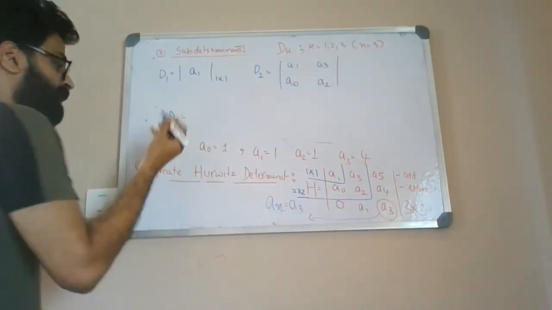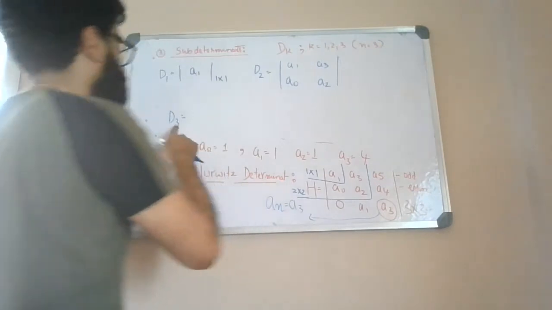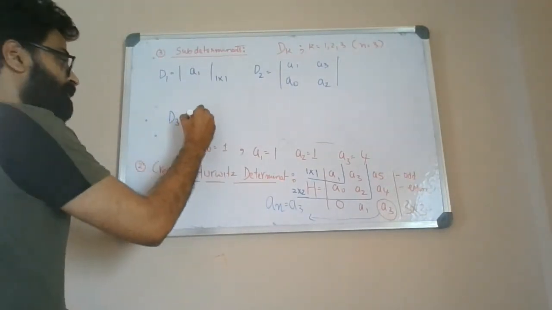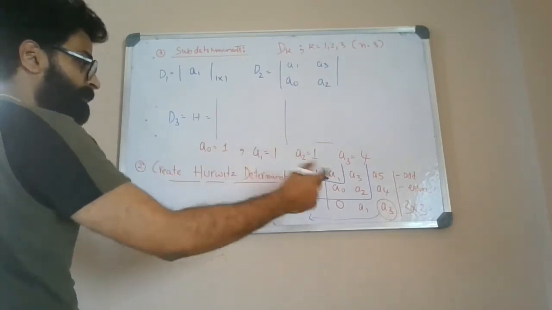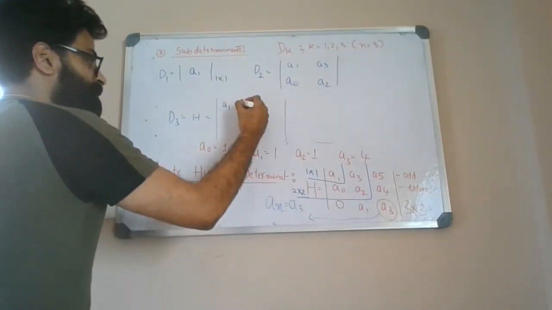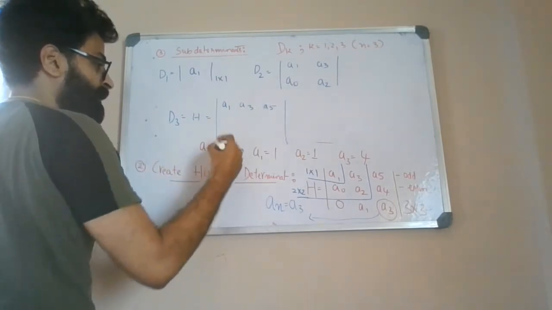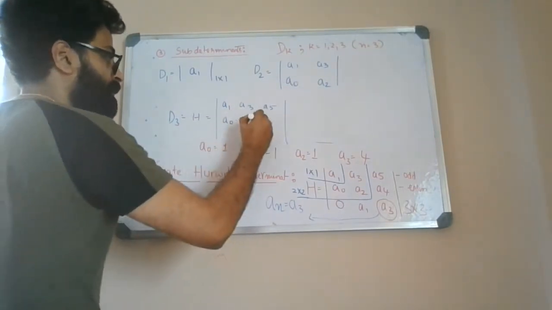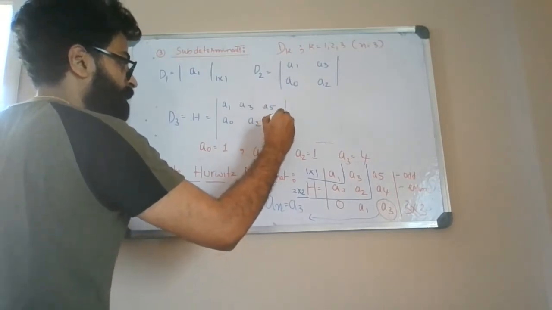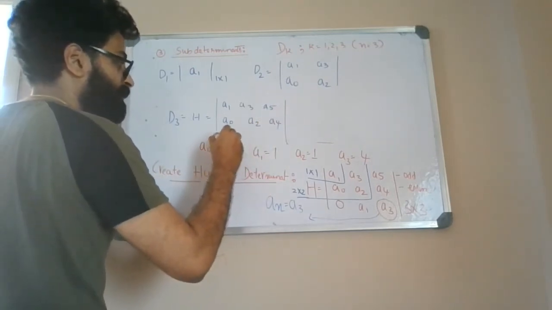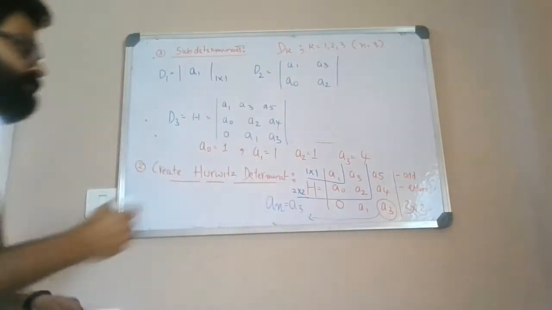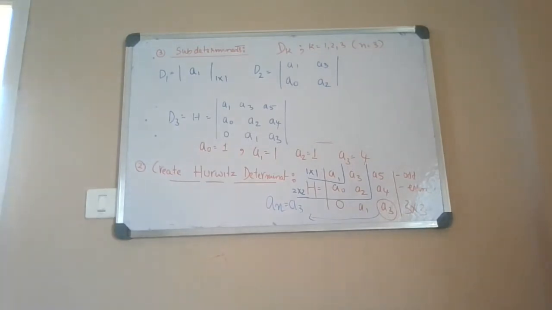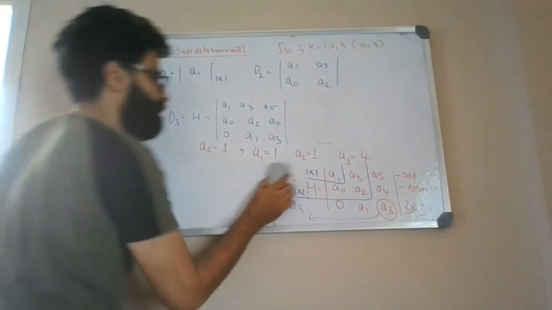And your third subdeterminant happens to be D3, which is nothing but your Hurwitz determinant, and the elements are already expressed: A1, A3, A5, A0, A2, A4, and 0, A1, A3. So this is how you create the subdeterminants.